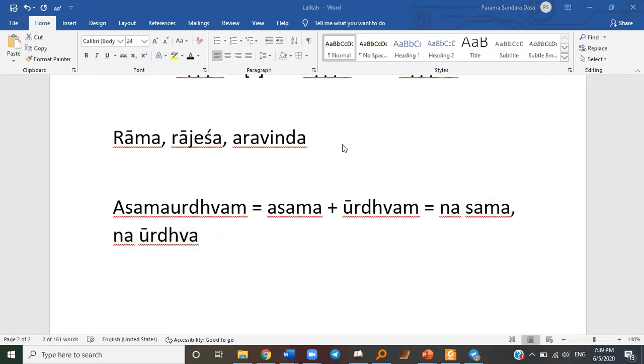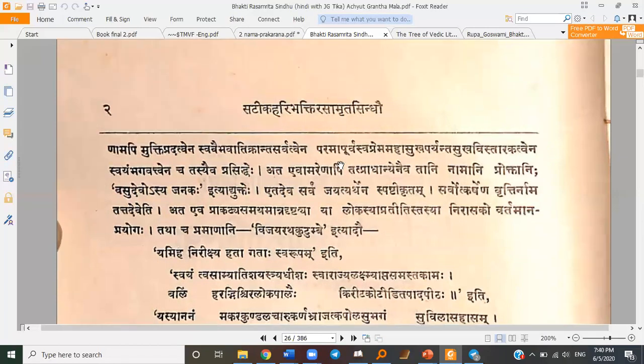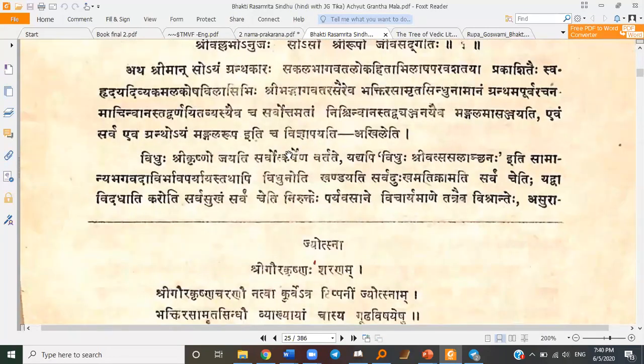So this is what Jiva Goswami and Rupa Goswami are trying to prove here by different methods, by Anvay or by Pratirek, direct or indirect method. And Sri Krishna is the one who is the fountainhead. And Srila Prabhupada in his books, in simple words, he has put everything. Every time he'll be stating Sri Krishna is the Supreme Personality of Godhead. So we can see how it was not only Prabhupada who did it.